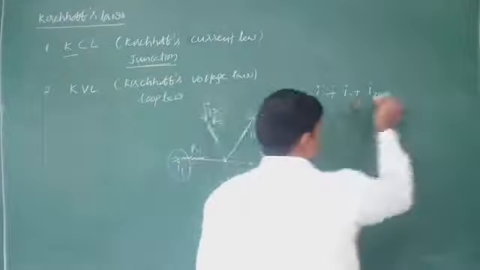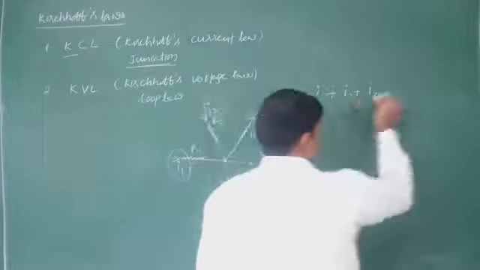Therefore, this one is plus I2 into R, that is the potential difference. Why are we not keeping the negative sign here? In the previous situation, from A to B, the potential at A is more than at B, and we are moving in this path, so the potential decreases.